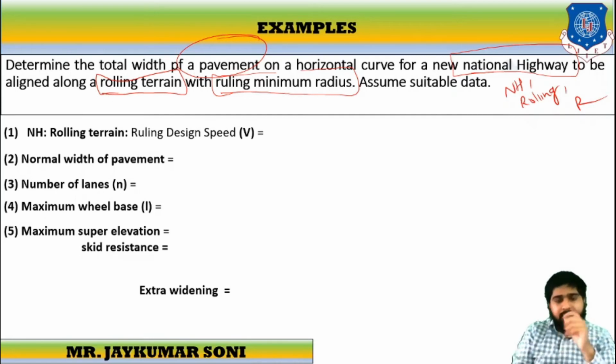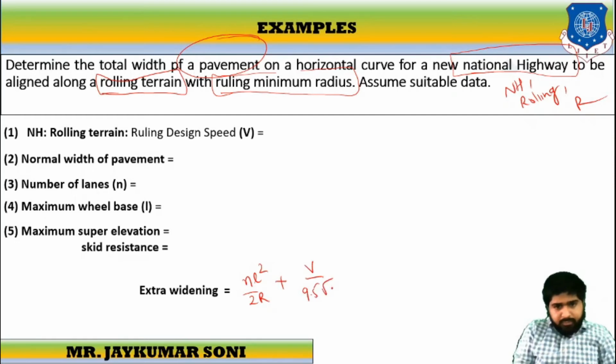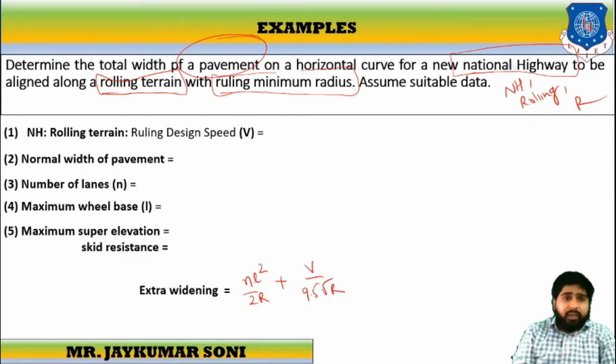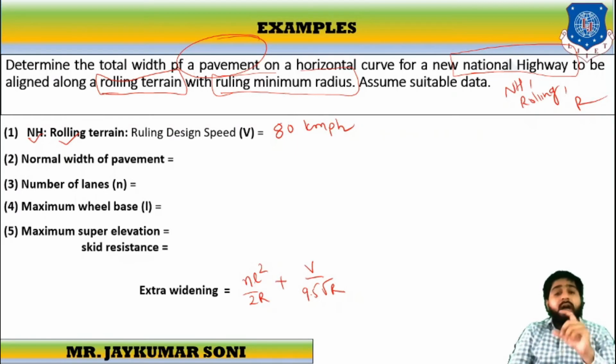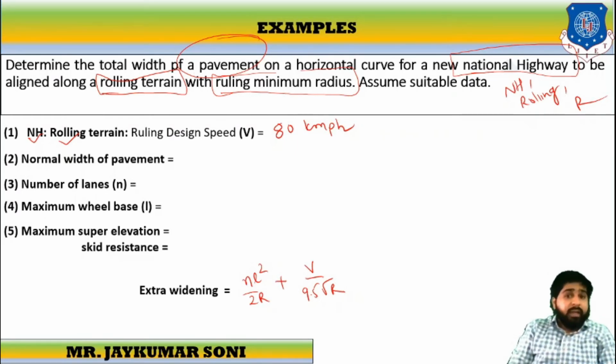Now, what is the particular equation of extra widening? It is NL square by 2R plus V by 9.5 under root R. Fine. If NH is there and rolling terrain is there, then the design speed is 80 kmph. Now, how did I know that it will be 80 kmph?